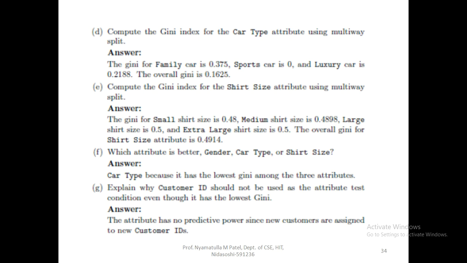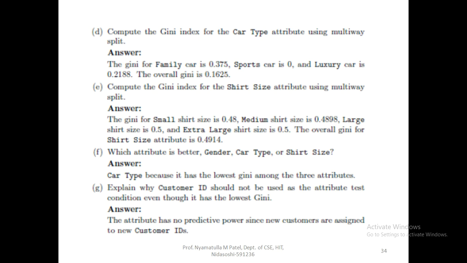Now the last question, why customer ID should not be used as an attribute test condition even though it has the lowest Gini. This attribute has no predictive power since new customers are assigned new customer IDs. Every time a new customer comes, a new ID is assigned, so this cannot remain constant.